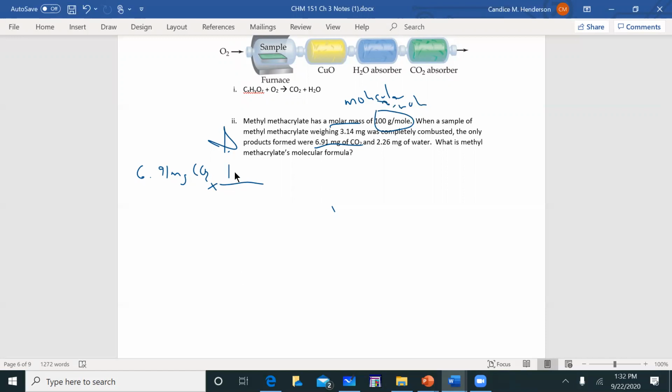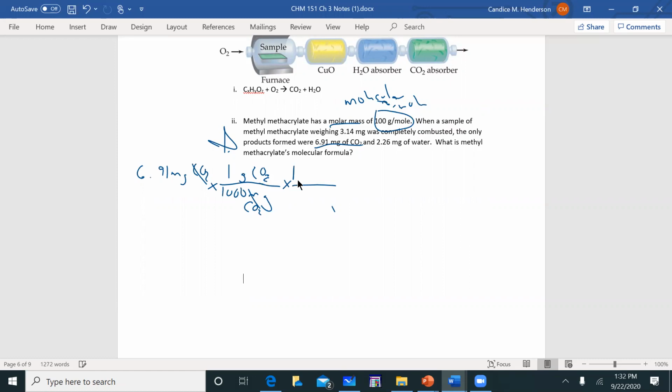So for every 1 gram of CO2, I will have 1,000 milligrams. That's the relationship for CO2. So I've let go of milligrams. Now, going back to that flow chart, I'm in grams of CO2. The first step is to get it into moles of CO2.